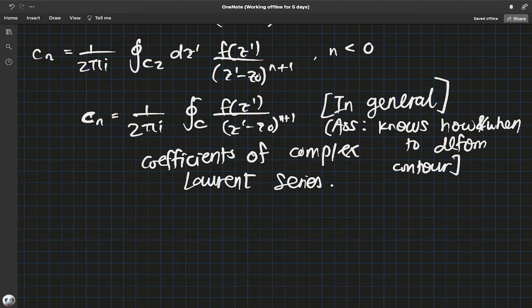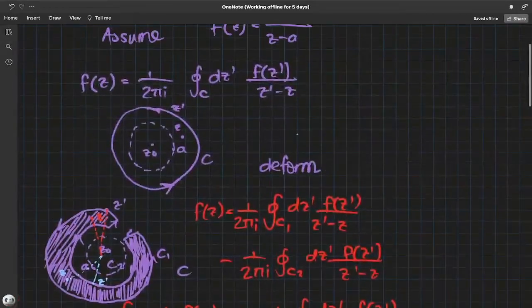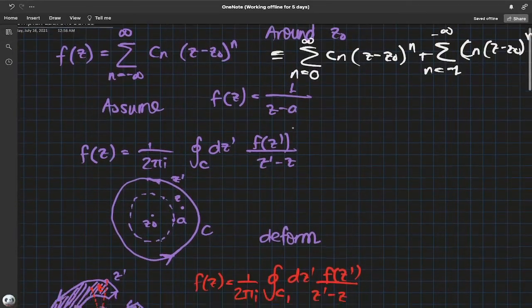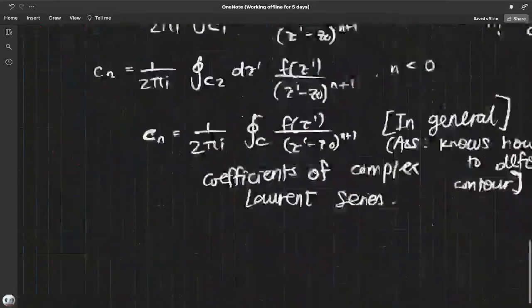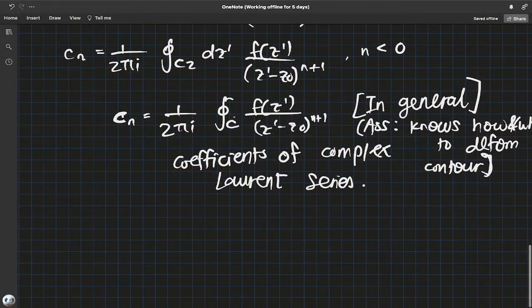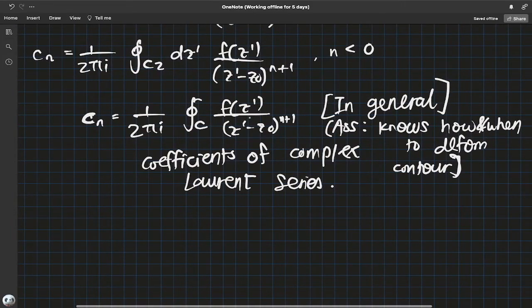The contour deformation we did was just because we assumed that f(z) was of the form 1 over z minus a. In general, it would have been a little hard to see, but that's why it helped us to generalize to a formula, which we will have to be a little versatile with, and which will change depending on what singularities are inside the contour and which are not.